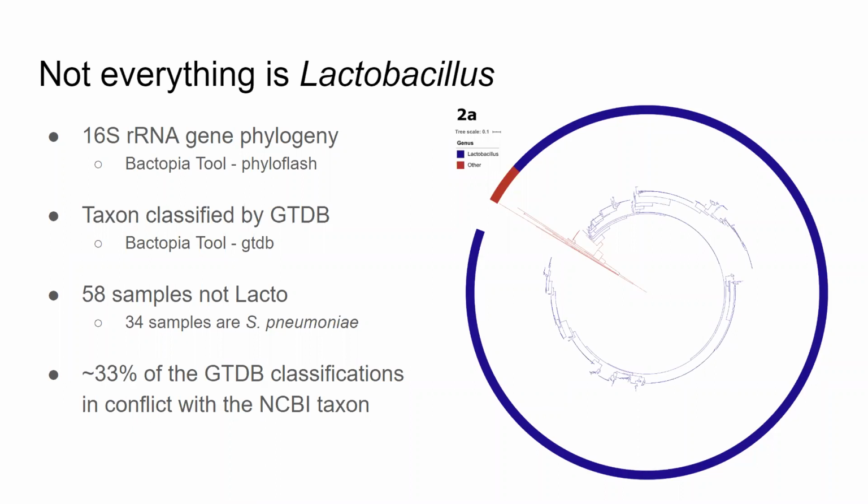Scientists got together and said, no, these should be called this, and they changed it. The 16S database may have seen that change, whereas NCBI may not have. So some of those make sense, and it just highlights that we still haven't quite figured out this whole naming thing.